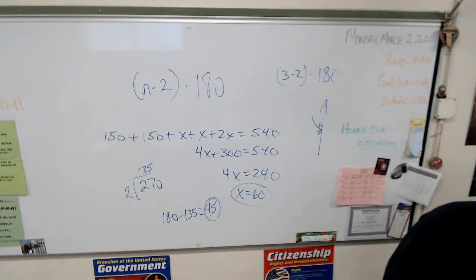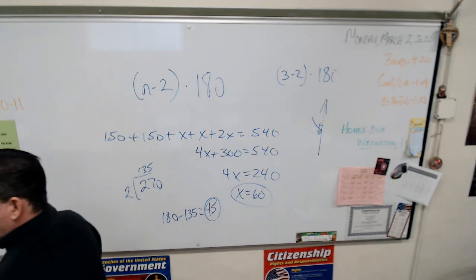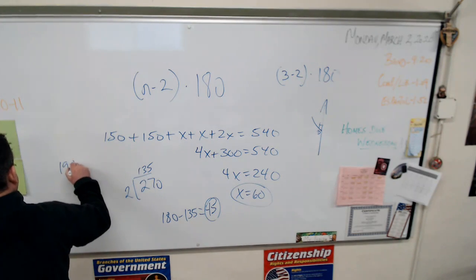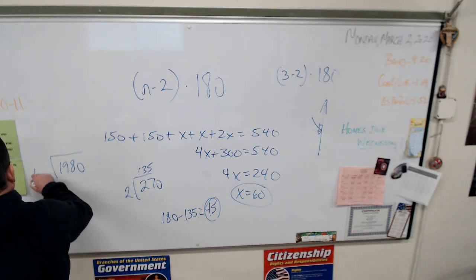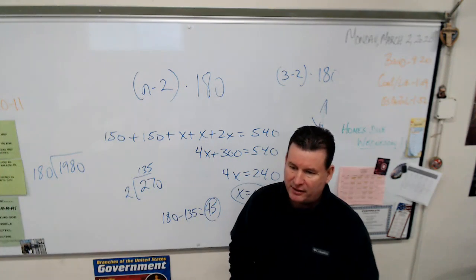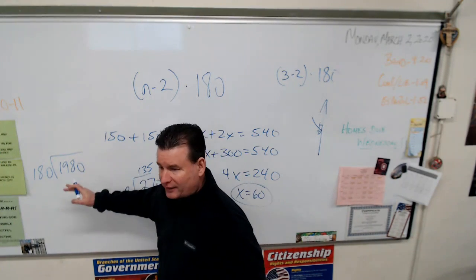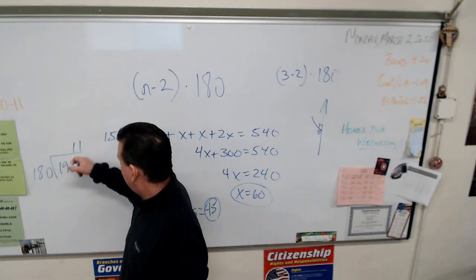How many sides must that polygon be if the sum of all of the angles inside it is 1980? Here's what you needed to do. It seems complicated, but it's simple. If 1980 is the total, and I divide it by 180, that's going to give me how many sides there are. My answer is going to be 11.